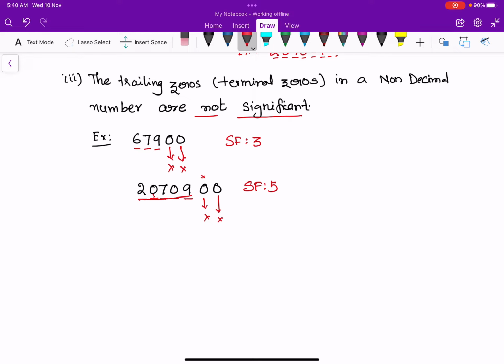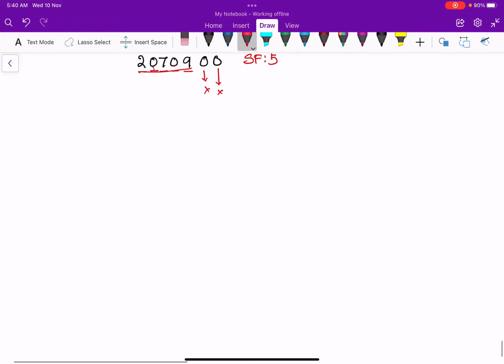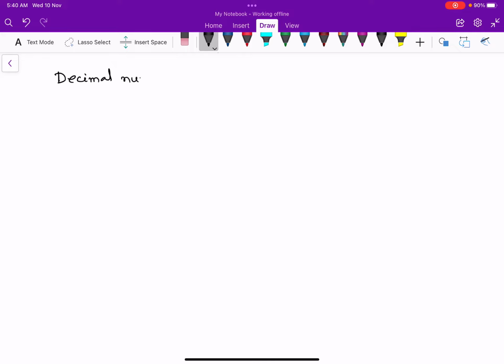Next, decimal numbers, numbers with a point. Now leading zeros and trailing zeros, but first the same condition: all the non-zeros are counted or significant.